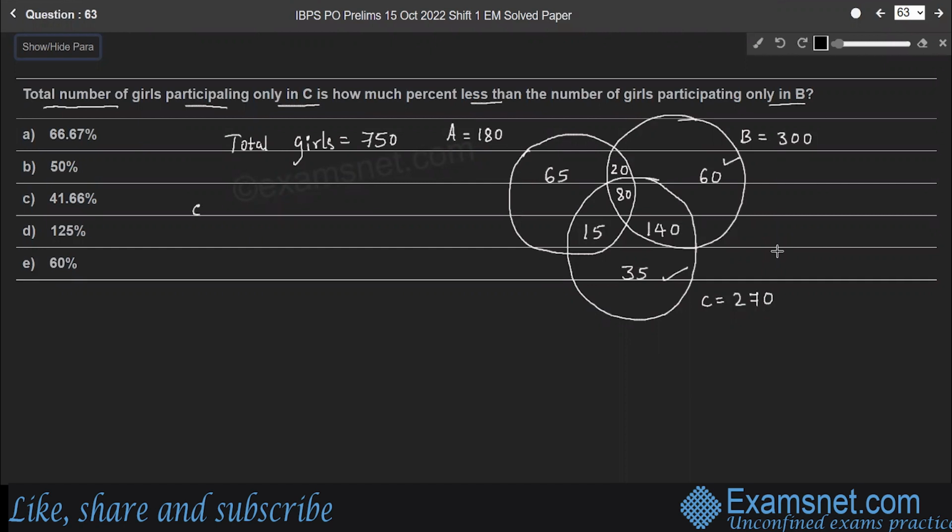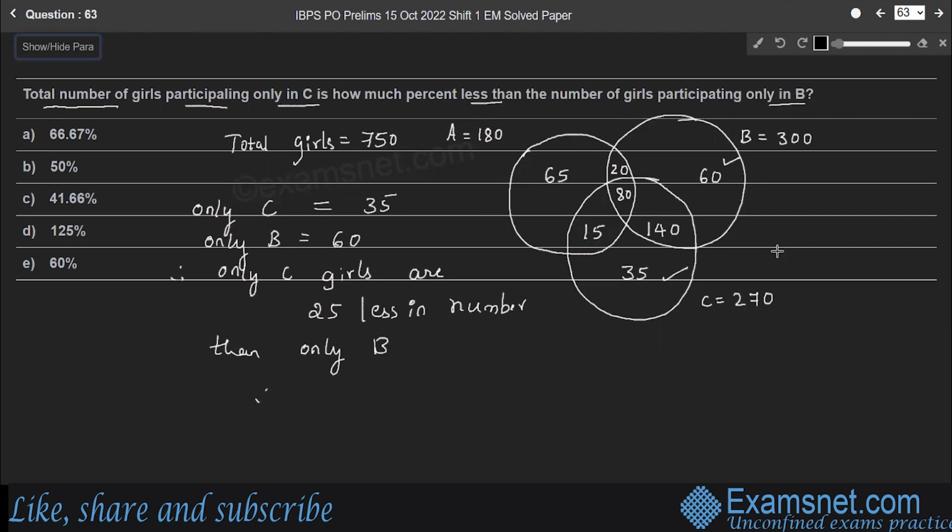Here only C girls are 35 and only B girls are 60. Therefore, only C girls are 25 less in number than only B.